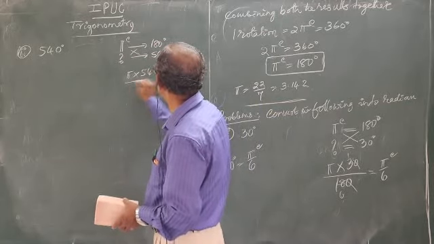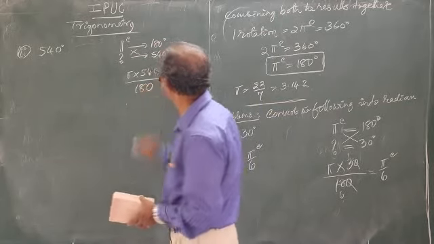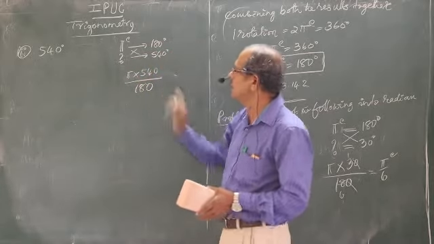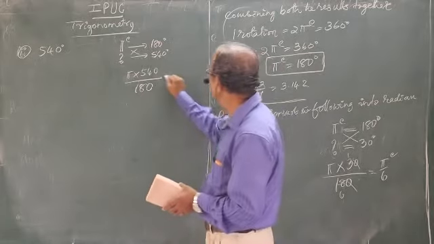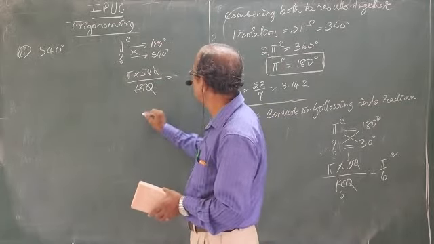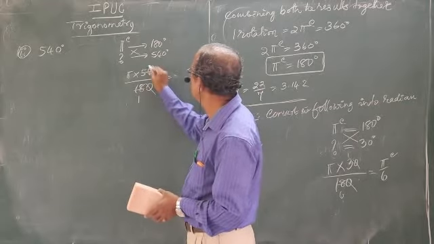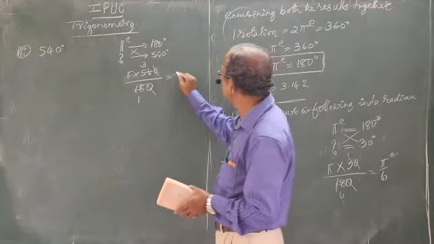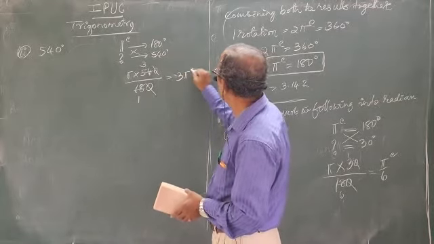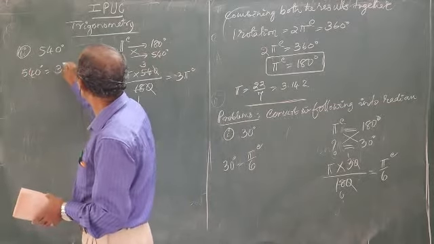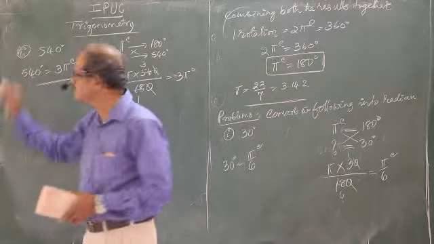Pi into 540 divided by 180, or it is 18 ones are 18, 18 threes are 54. Answer: 540 degree equal to 3 pi radian.